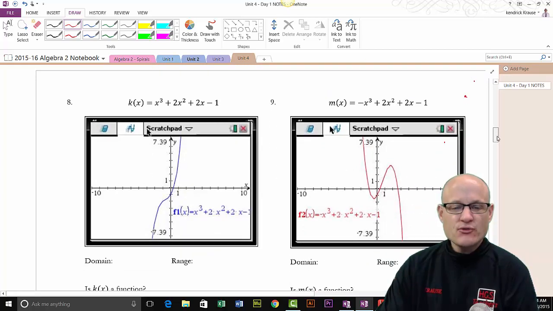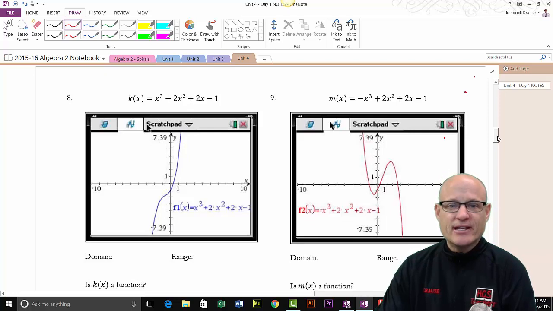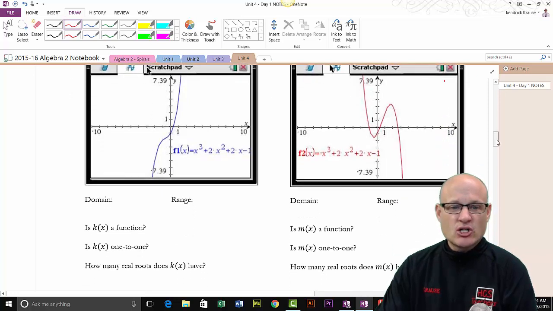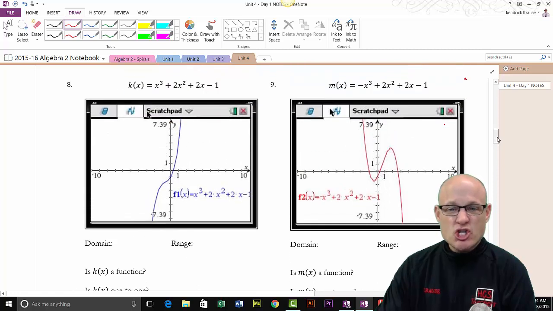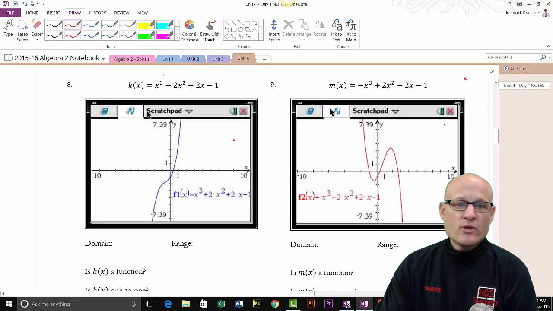There we go. So what I want you to start to look at is we're going to start to look at this thing called end behavior and roots and shape. So what I want you to think about is, where's Mr. Krause's pen again? There it is. We have a cube root function here, and I have a cube root function here.